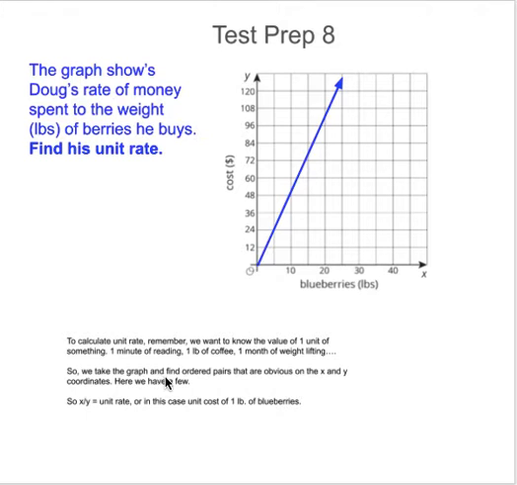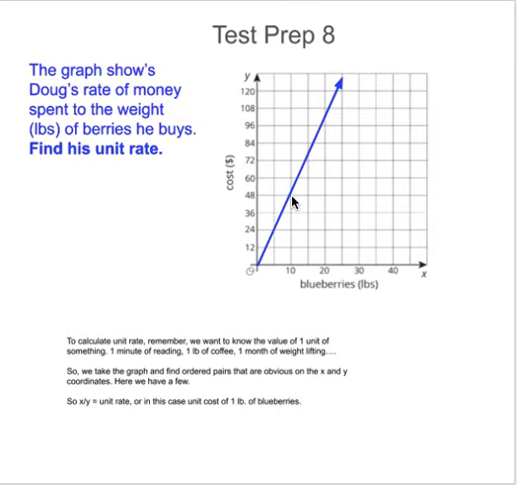To find unit rate, we take the graph and find the ordered pairs that are obvious on the x and y coordinates. On this one, I can see that this point has a y of 24 and an x of 5, so that would be (5, 24). Then you could also find another one. I found one where he's got 10 pounds of berries and he spent $48.